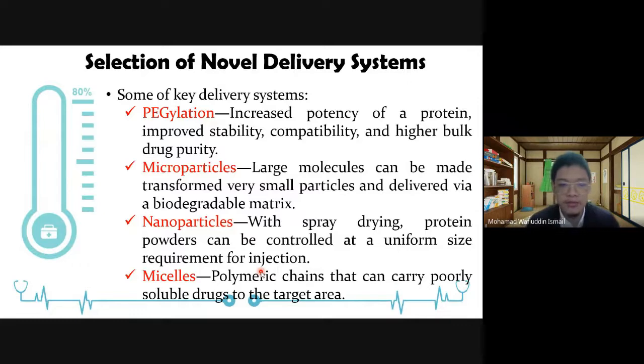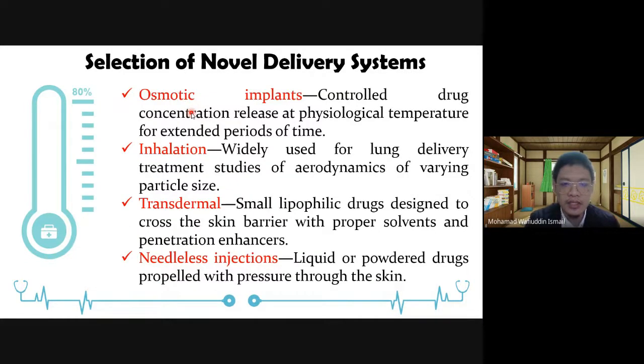But we can say nowadays all of this is not novel anymore, because previous studies have been done and a lot of data have been prepared on these new drug delivery systems.